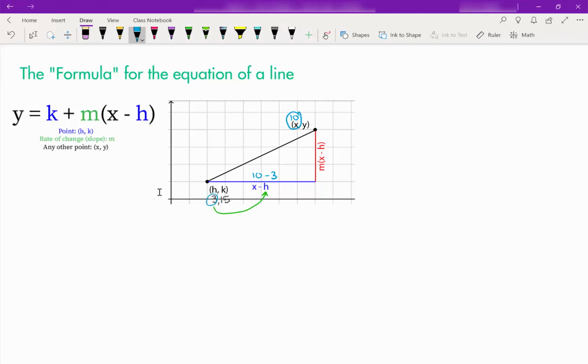And that's really important for us to see this regularity in our reasoning, because it means that we can begin to write expressions and write things algebraically. So we've got 10 minus 3 was 7 presents in the last example, and then notice that right here, that was our rate of change in the last problem. It was 4 minutes per present, so we were always multiplying by 4, and we are multiplying whatever the number was.